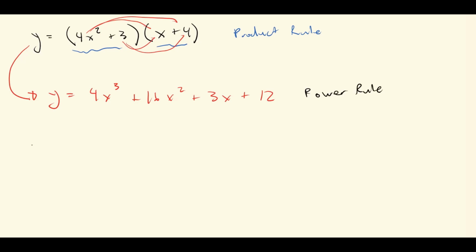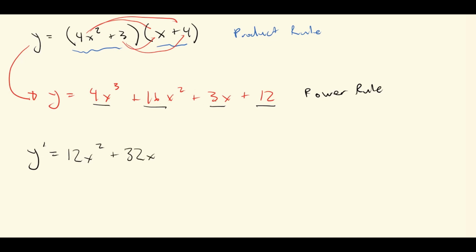So the derivative y prime is going to equal the derivative of each individual term. So the derivative of 4x to the third using the power rule will be 12x squared plus 16x squared. The derivative is going to be 32x.